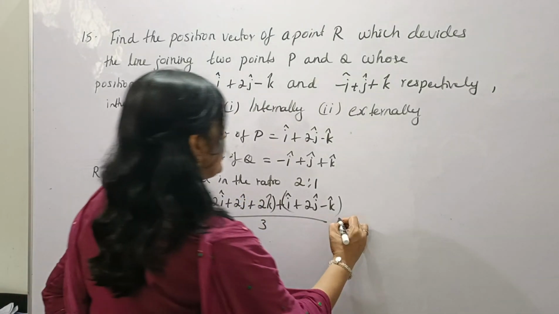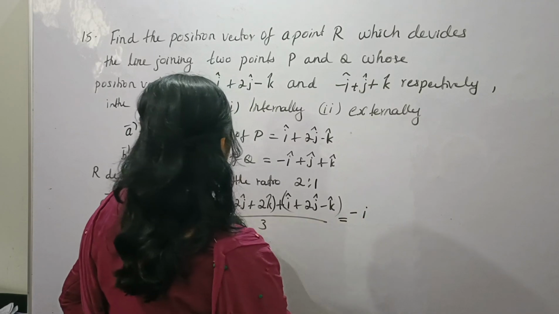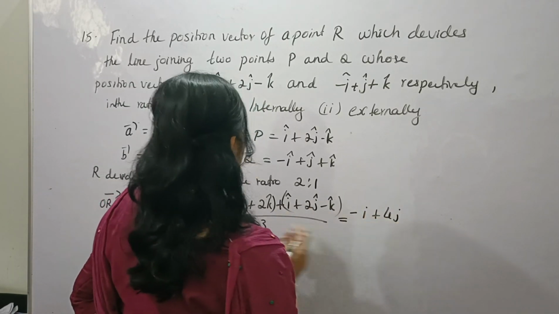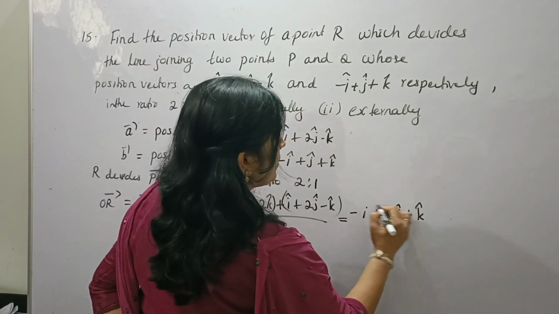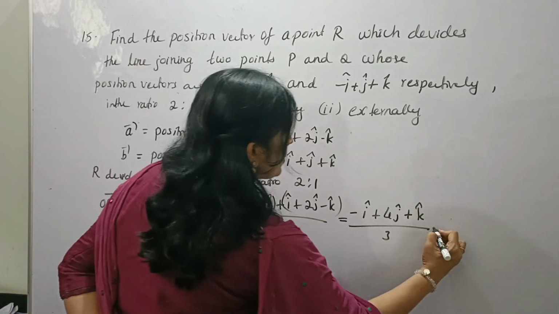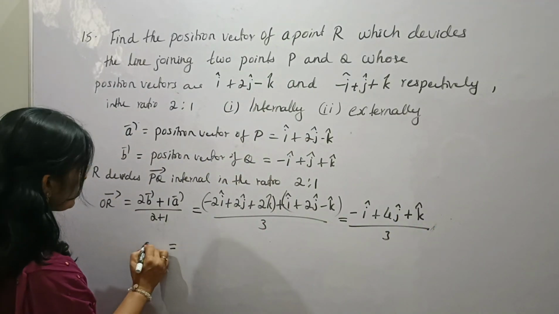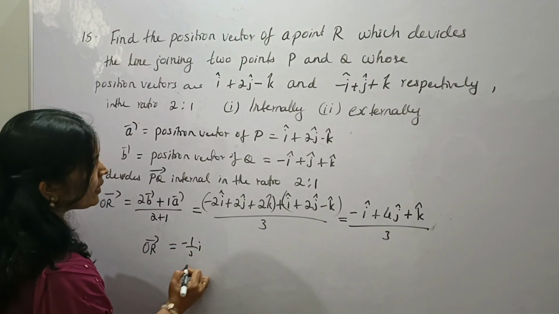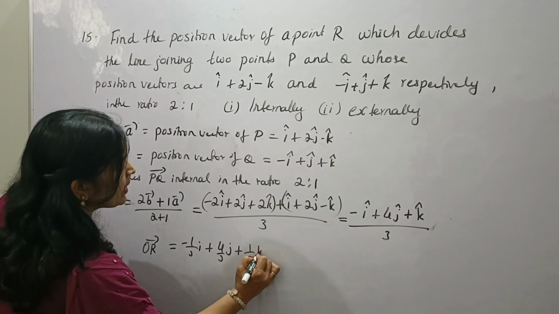Okay, that is equal to minus 2i plus i, that is minus i, plus 2 plus 2, 4j, 2 minus 1, 1k, divided by 3. That is vector OR is equal to minus 1 by 3 i plus 4 by 3 j plus 1 by 3 k.